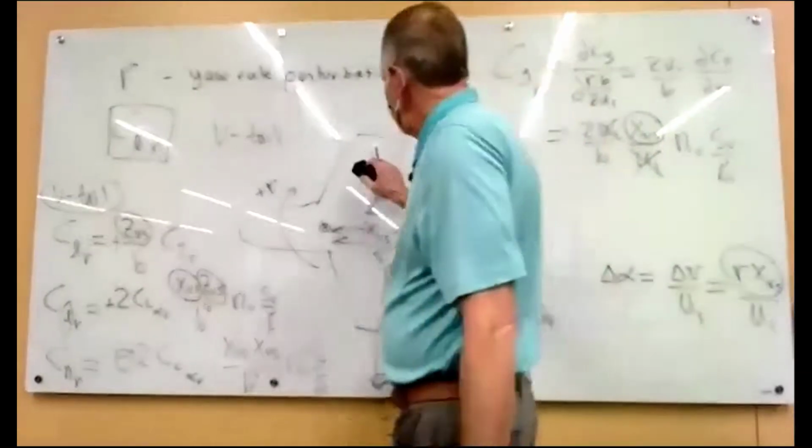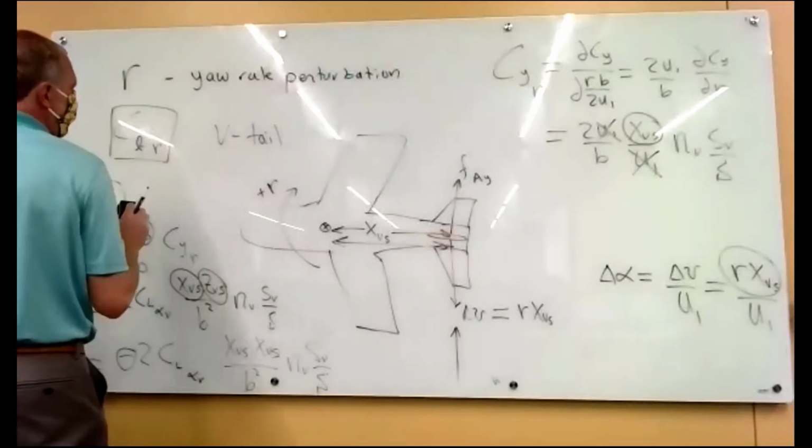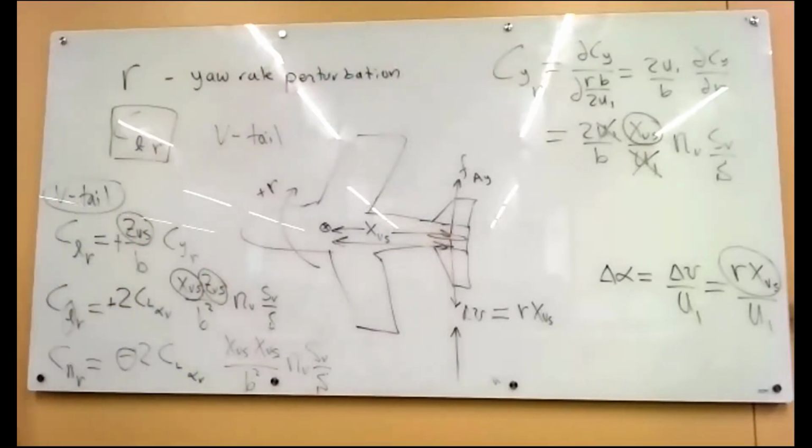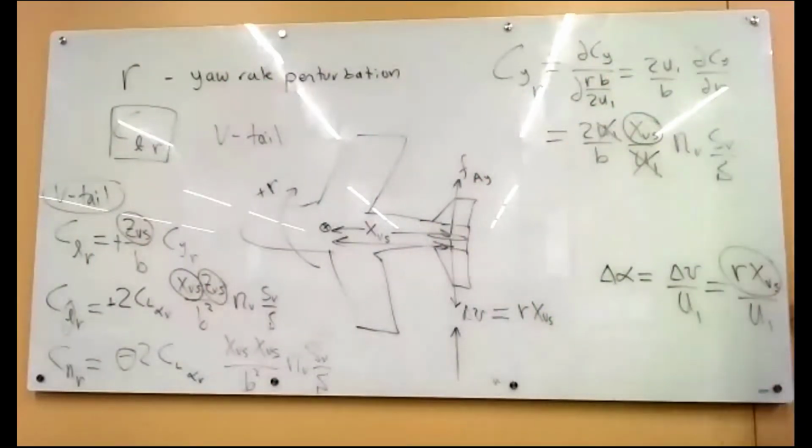All right, so next is the wing effect due to the yaw rate. Which one are you pointing to? CIR. Talking about this? That's CY, yeah.